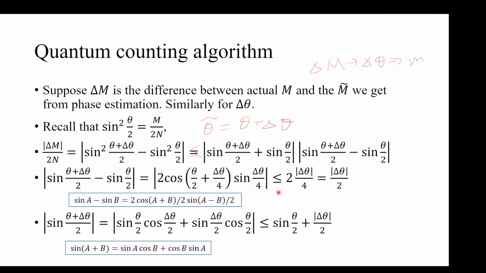Then sine of delta theta over 4 is less than or equal to delta theta over 4 in absolute value, because sine x is always less than or equal to x. So you have a 2, and this sine of delta theta over 4 becomes the absolute value of delta theta over 4, which is easily seen to be the absolute value of delta theta over 2.